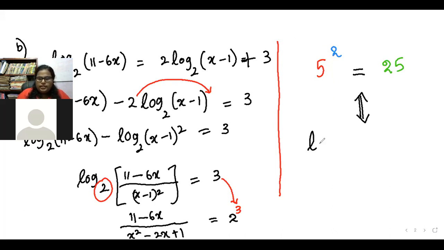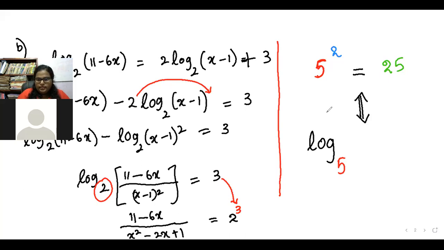So when you are writing this one, you have to write log here. The base should be 2, right? Sorry, 5. The base is taken as this value, right? The base is 5 here, and inside this log function we are writing this 25, right?